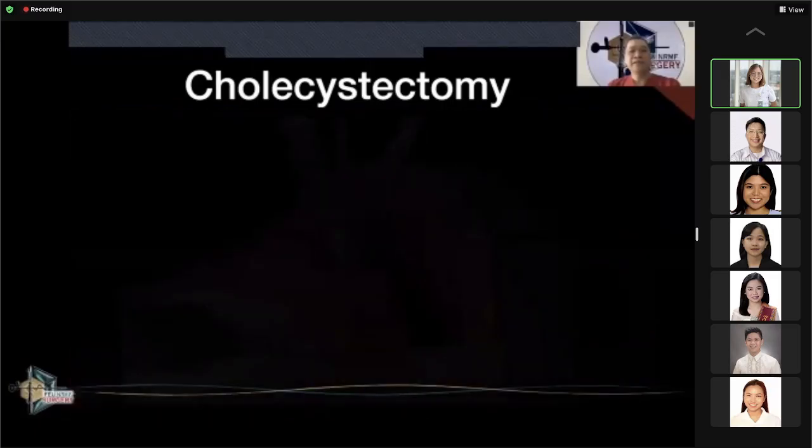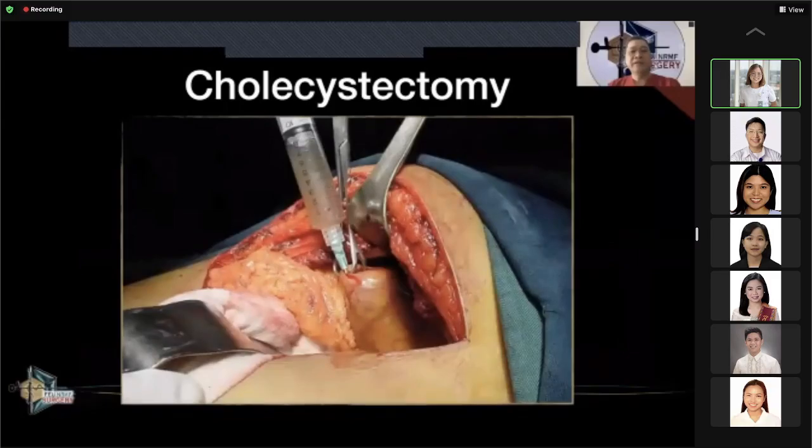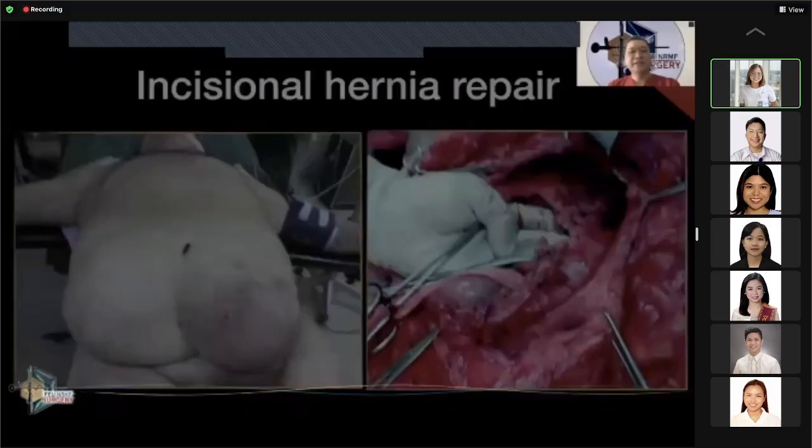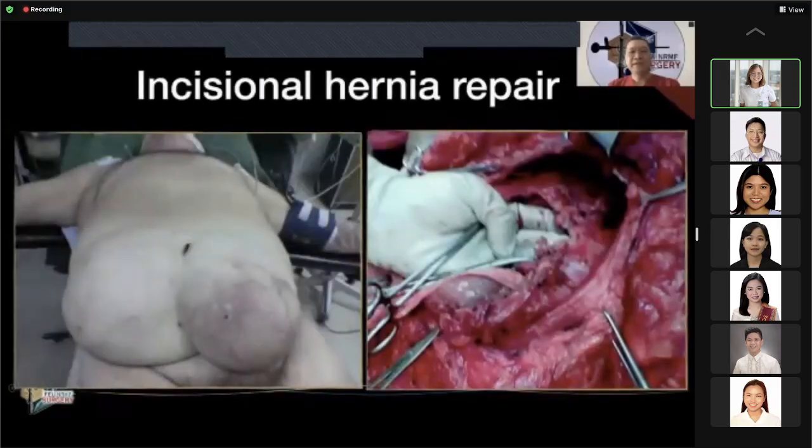In this incision, you can see you have transected all the layers of the abdominal wall. So imagine the pain that will be inflicted on the patient after the surgery. This is an incisional hernia. This is not a pig, this is a human being.